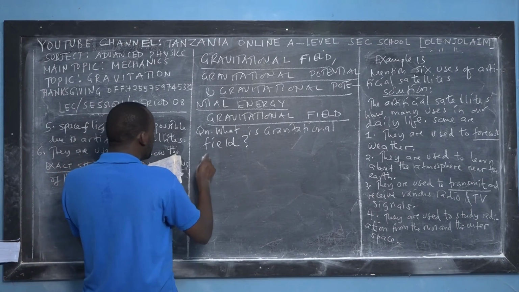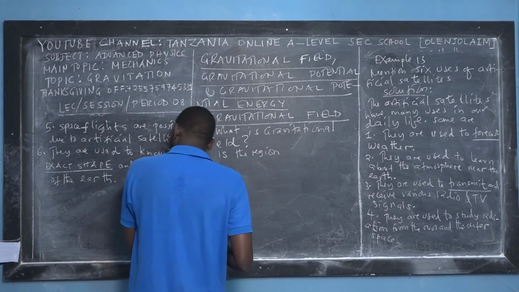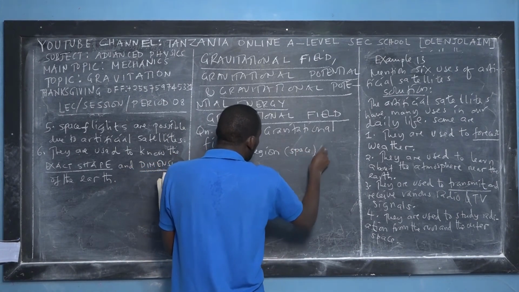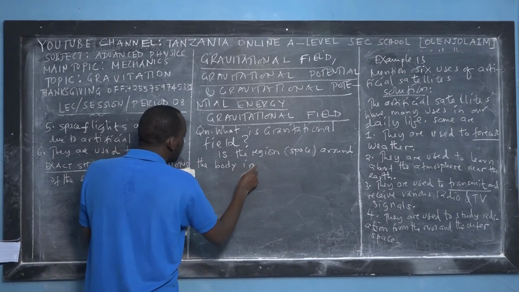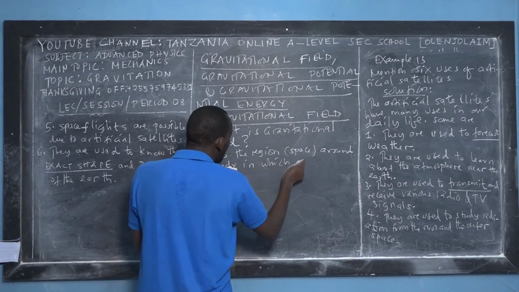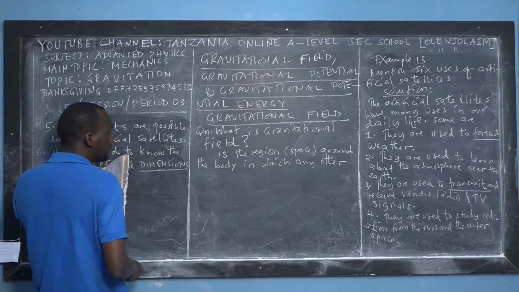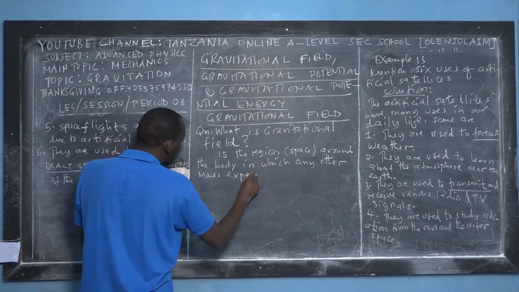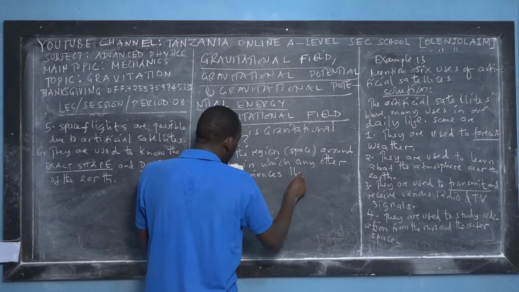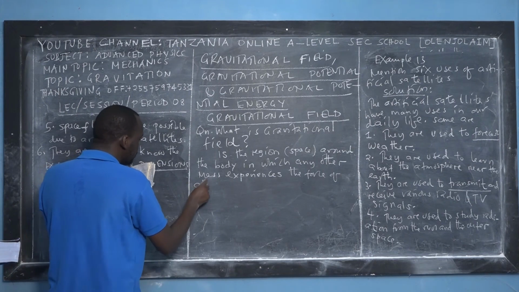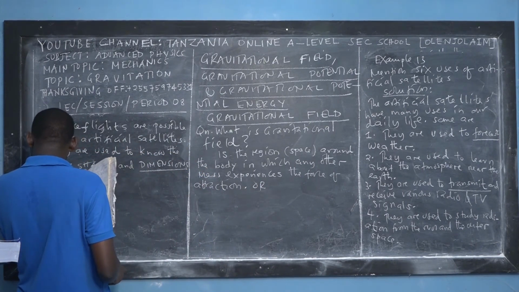So gravitational field is a region or space around a body in which any other mass, any other body, experiences the force of attraction from the other body.